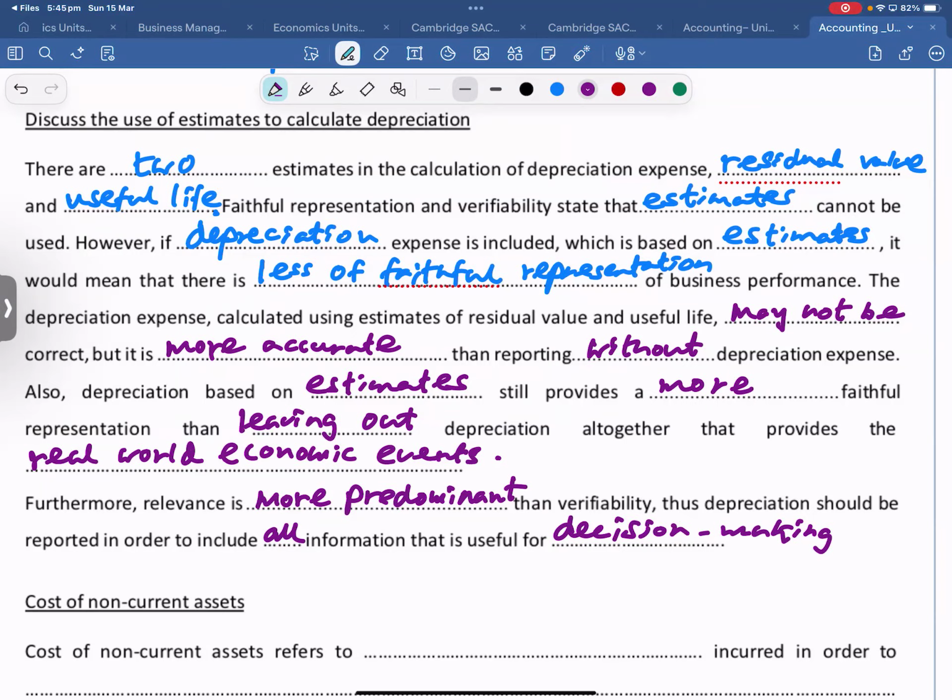But aren't we kind of breaching the verifiability and the faithful representation that says we can't use estimates? I have a question. The same historical cost in 2000, and I estimate my residual value is like 1800, which is inaccurate. Then I can depreciate it and my profit will be higher. Yeah, profit will be high.